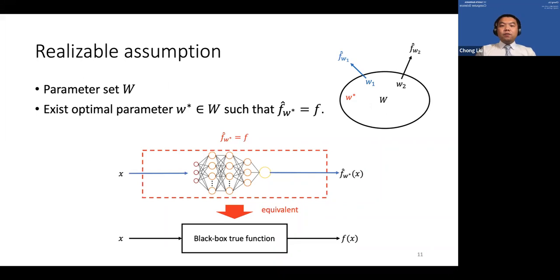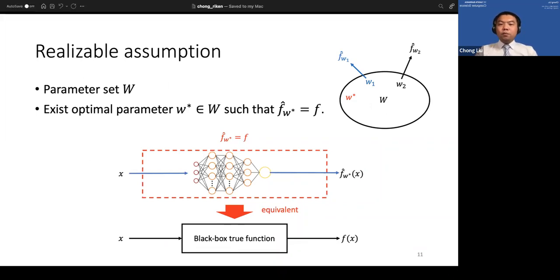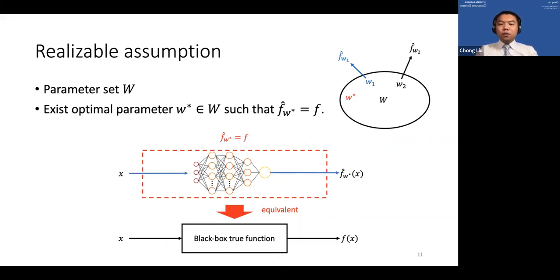So in this figure, the red box is my model, my deep neural network. It says that there exists a best parameter W star that is equivalent to the true black box function. But I want to say that W star is unknown. That is something we need to estimate.